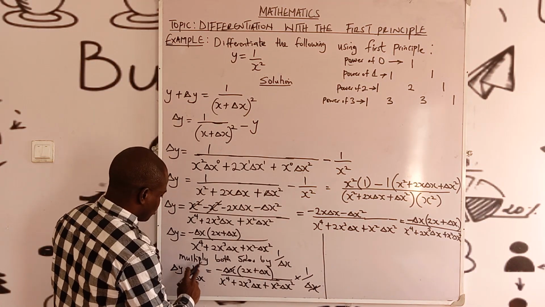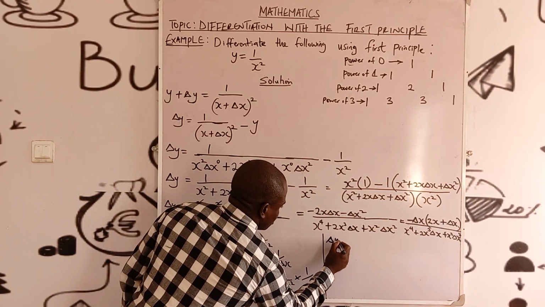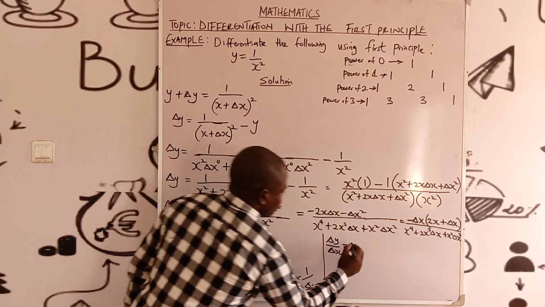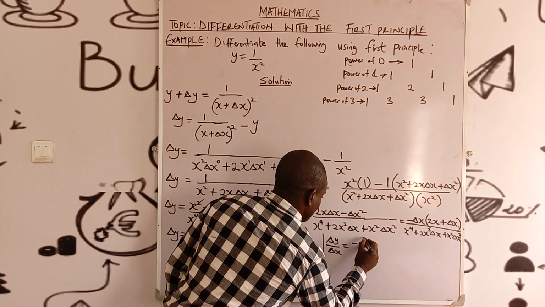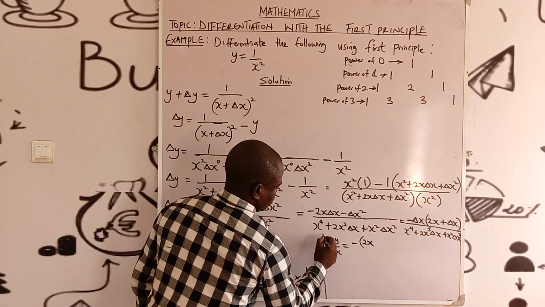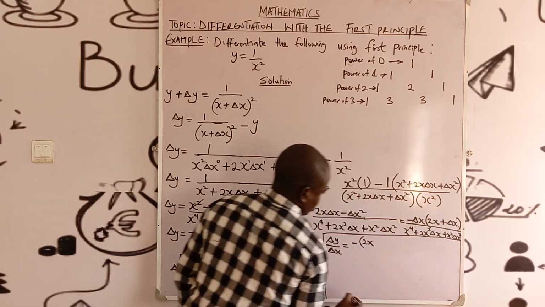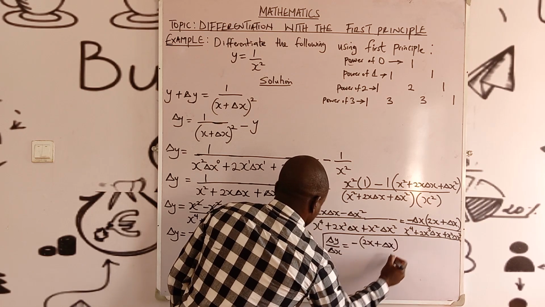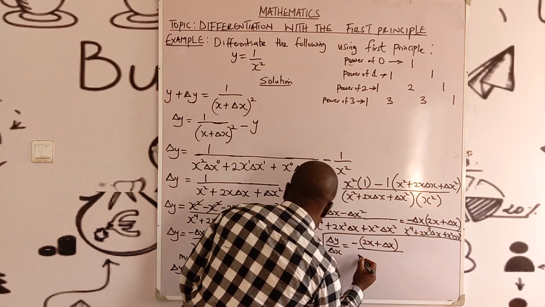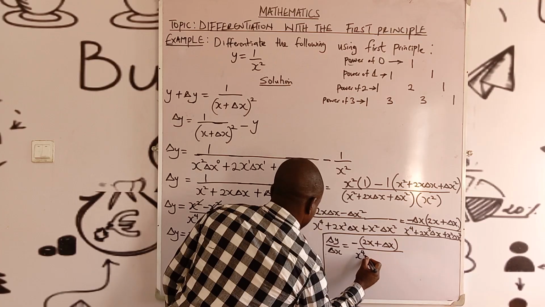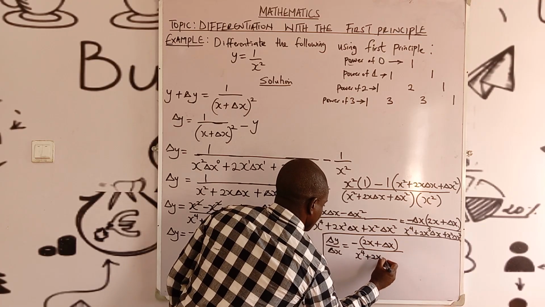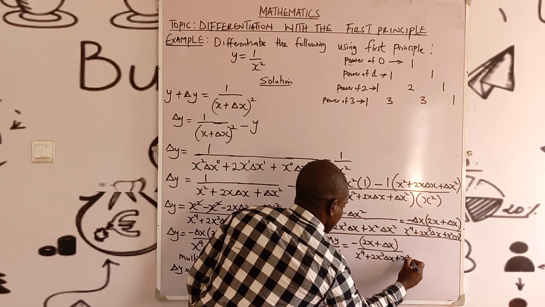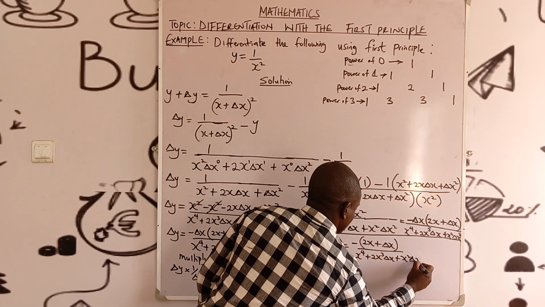Now we have dy times 1, that's dy over dx equals minus open bracket 2x plus dx over x raised to power 4 plus 2x raised to power 3 dx plus x squared dx squared.